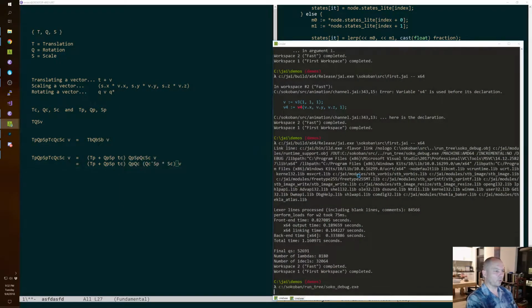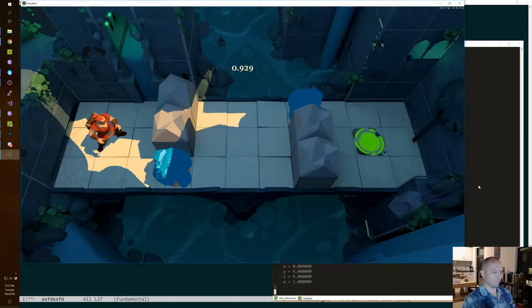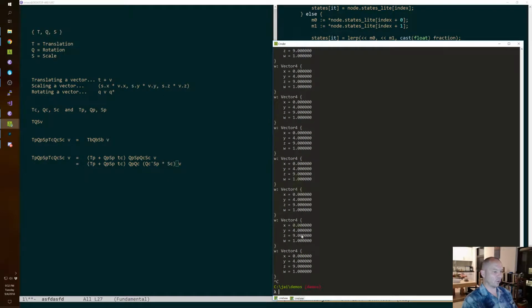So let's just print that every frame. So this has nothing to do with our animation. It's just, okay, X is 0, Y is 4, Z is 9, W is 1. So 0 by 4 by 9.